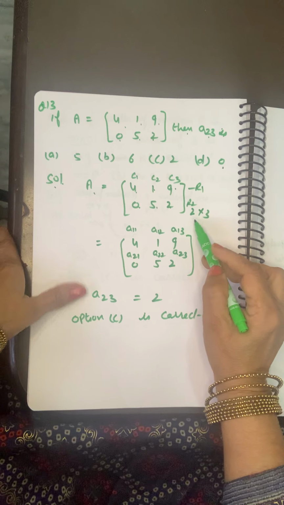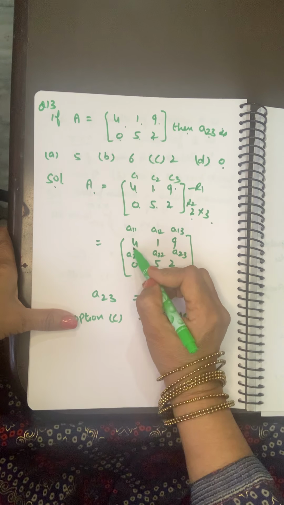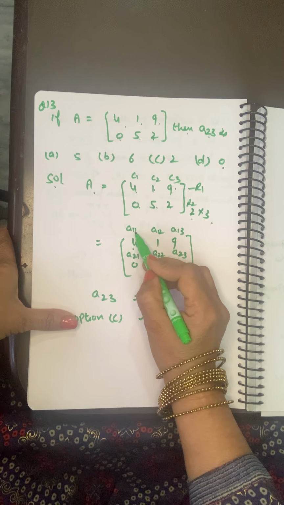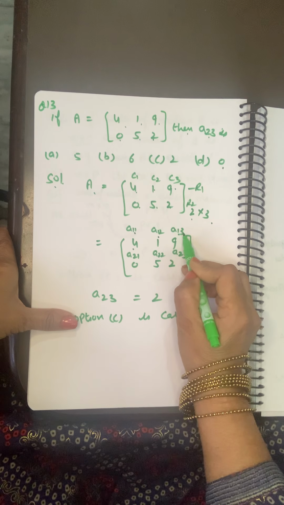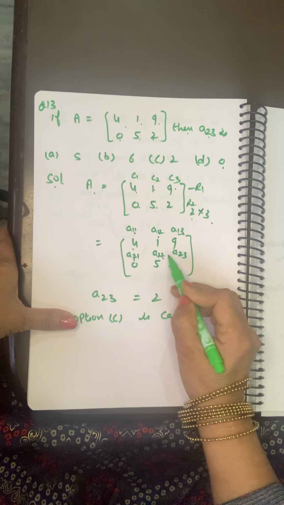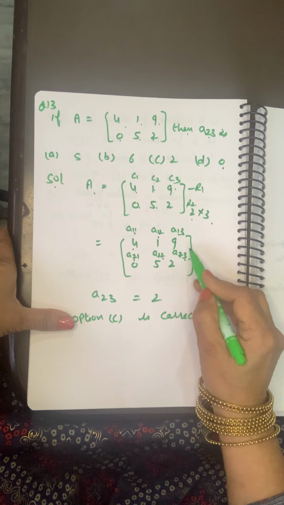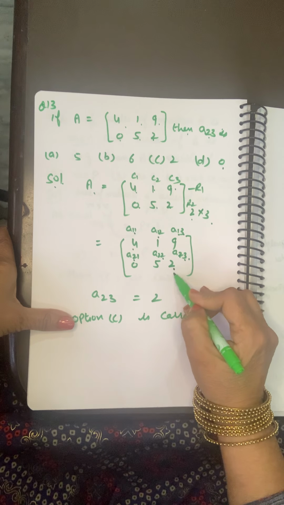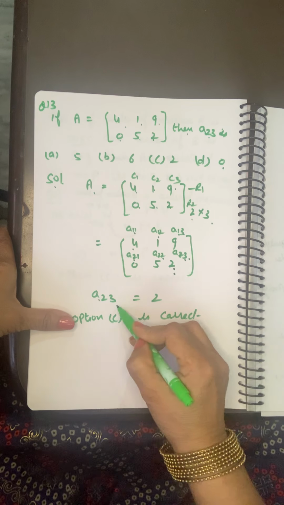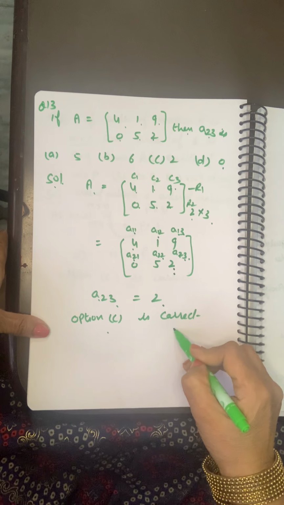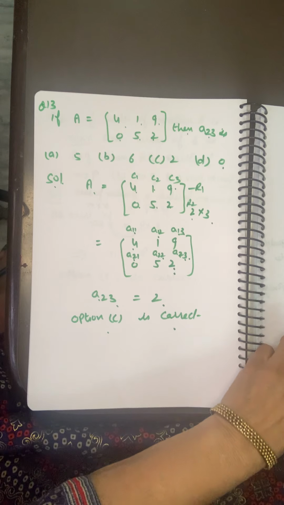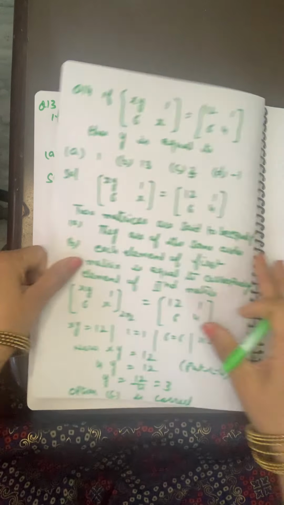So the order of this matrix is 2 into 3. We can write the elements as A11, A12, A13, A21, A22, A23. A23 means second row, third column. So the answer is A23 equal to 2. Option C is the correct option, that is 2.